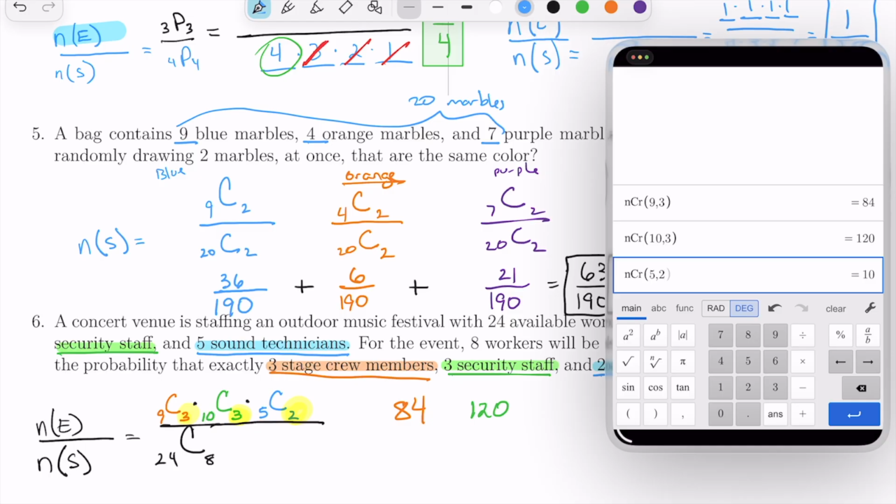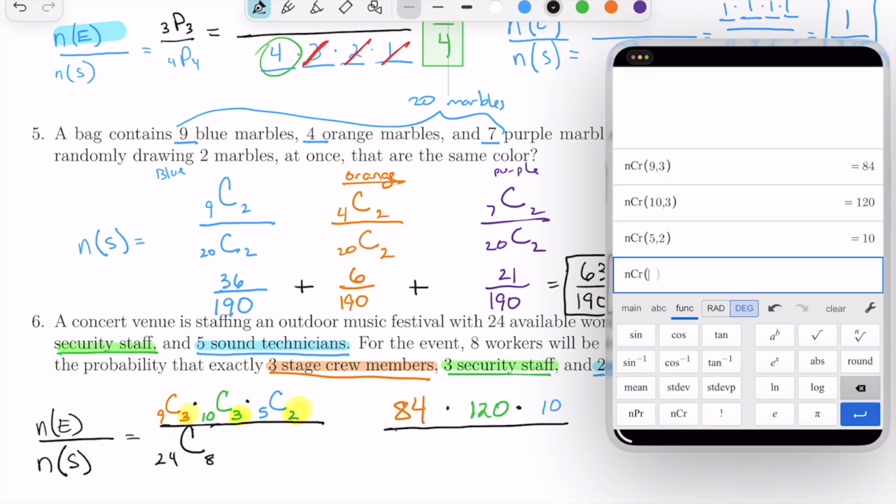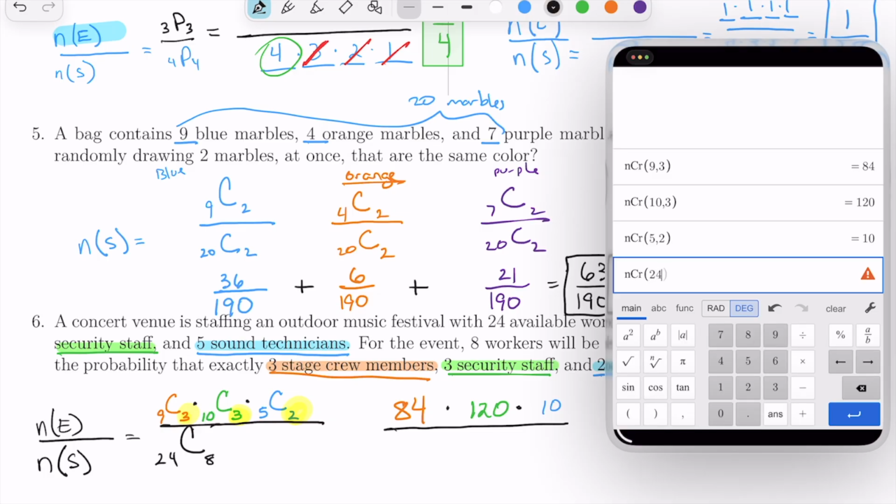There's our 10. And then our bottom number is going to be pretty sizable. That's going to be our 24C8. Ooh, that's a big number. There we go. And now we'll just multiply our numerator and then divide it by our denominator here.